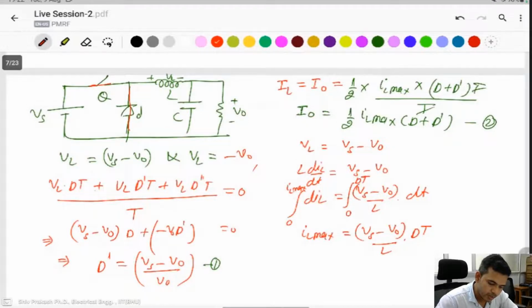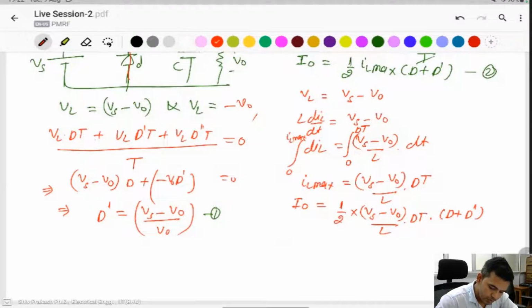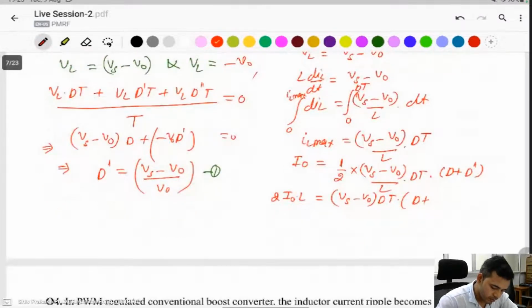Put IL max into here. Then you find I naught is equal to half into (Vs minus V naught) divided by L into dT into (d plus d dash). Put 2 I naught into L here, (Vs minus V naught) into dT into (d plus d dash), with d dash fixed from equation number first.